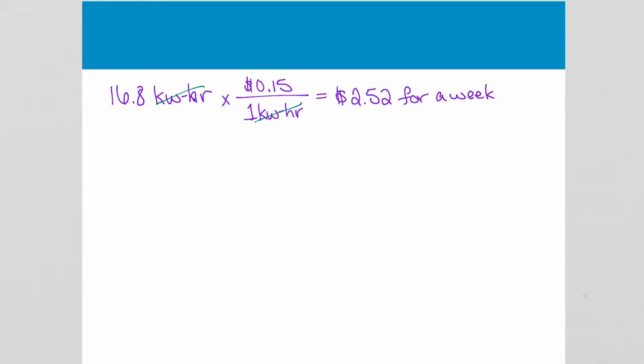Well, that's like $10 a month. So, you know, if you turned off that light, then you could have saved your parents $10.